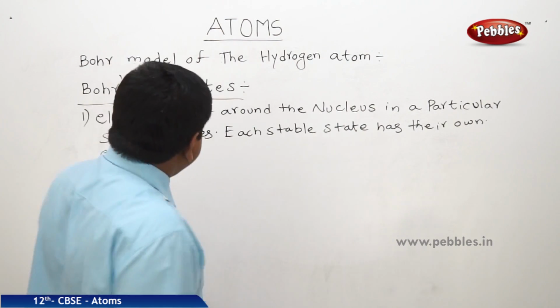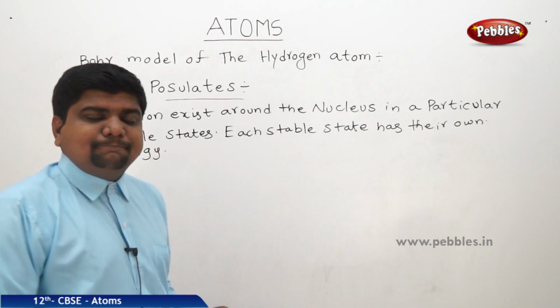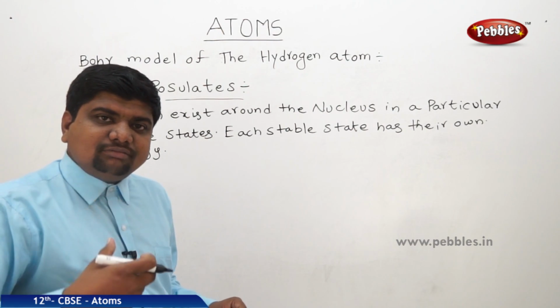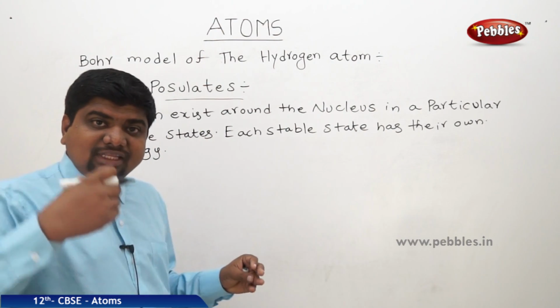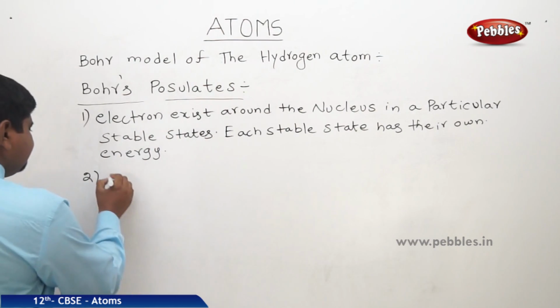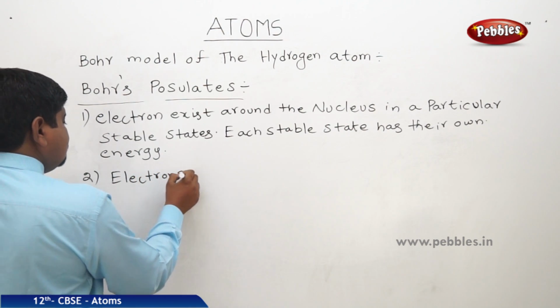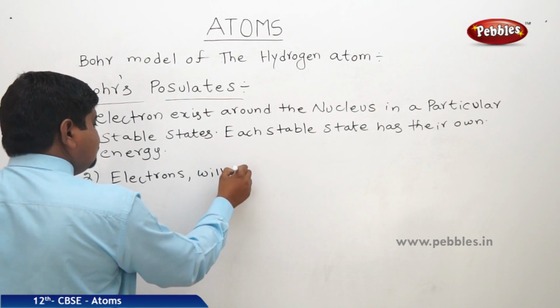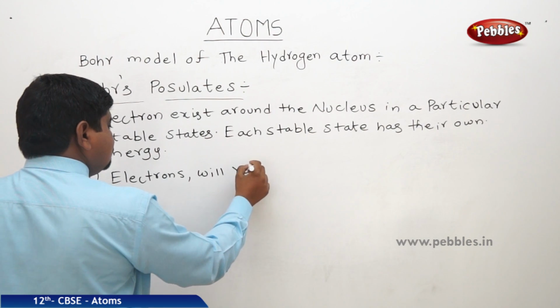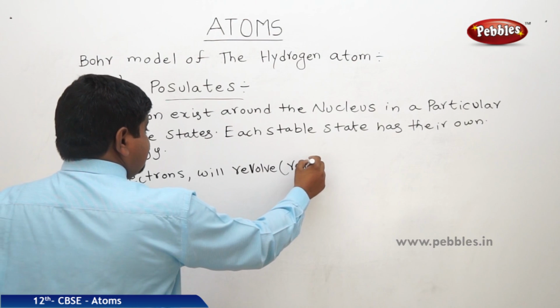What is the second postulate? Electron will revolve around the nucleus in the orbits or steady states where the angular momentum of those orbits should be quantized. That means electrons revolve around the nucleus, we can write revolves because it is continuous, right?